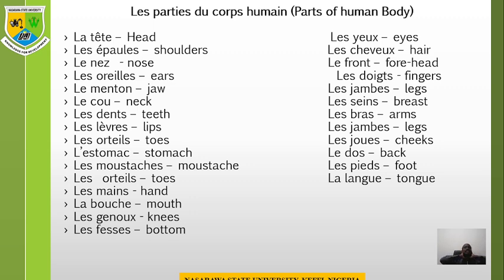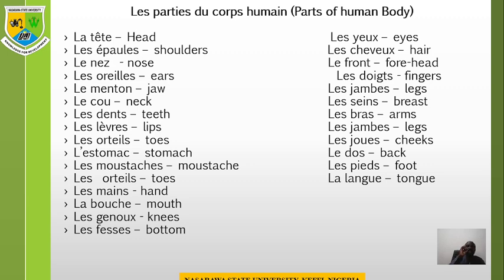Les dents means teeth in English. Les lèvres means lips. Les orteils means toes. L'estomac means stomach. Les moustaches. See my moustache.